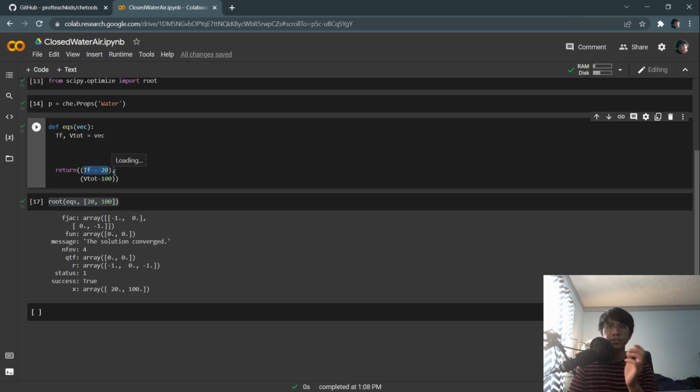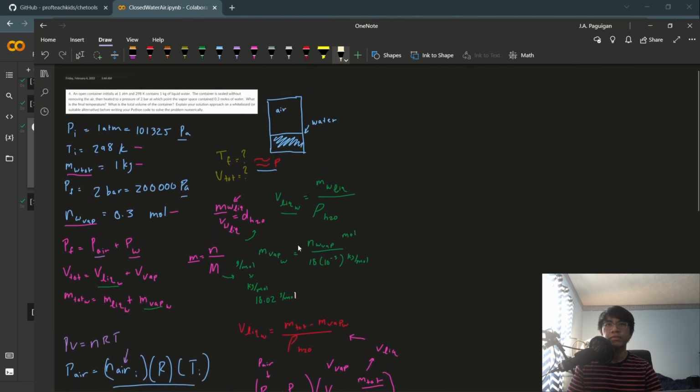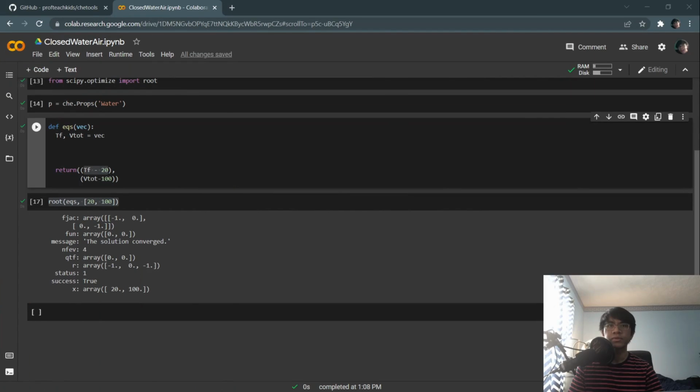Well, if we remember, going back to our equations in our OneNote, we did say the temperature is related to the pressure somehow. So going back to that, we'll have to use that relationship in our unknown right here. So what do we do? Pressure final minus the pressure.